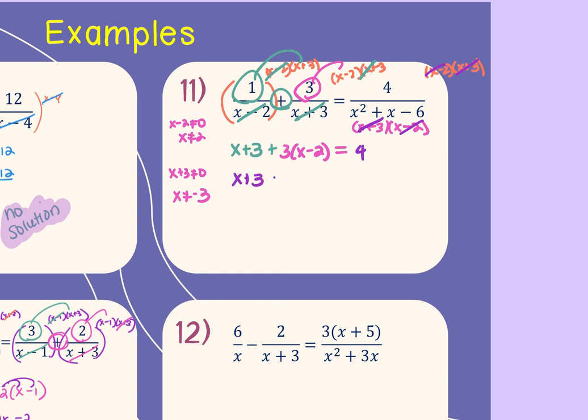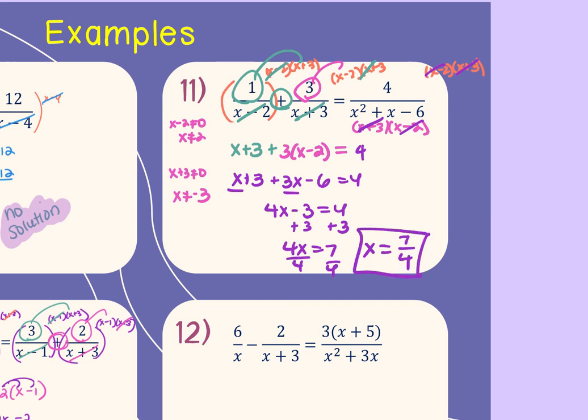I'm going to distribute the 3, combine my like terms, add that 3, divide by 4. And x is 7/4, which was not one of my restrictions, so that's my answer. Questions on that one? Raise your hand if you got it right.